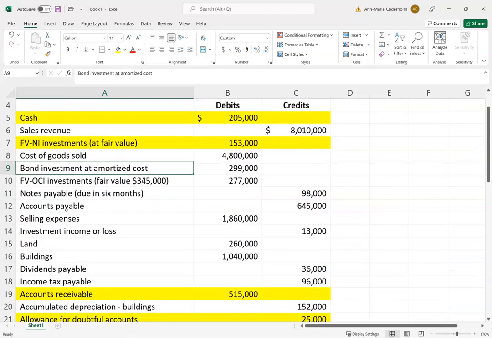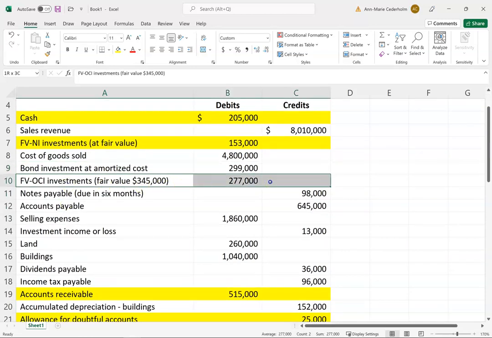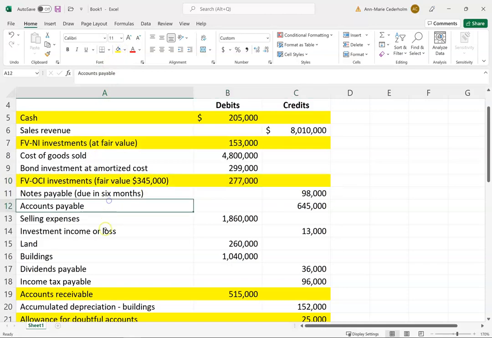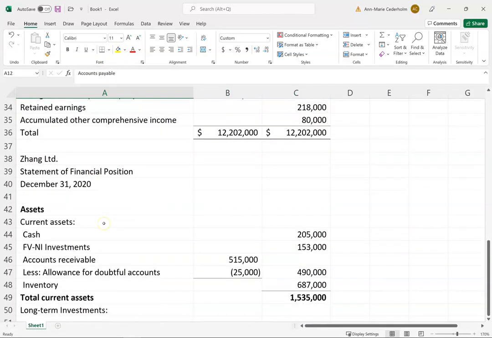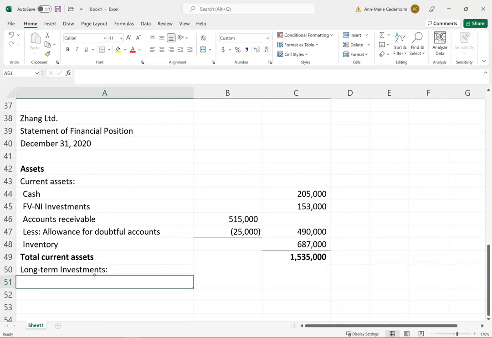Okay, so I see this one right here for $277, fair value through OCI investments. So if it's OCI, we'll just assume that we're going to put it as long-term. And again, it'll make more sense once we get to that chapter.